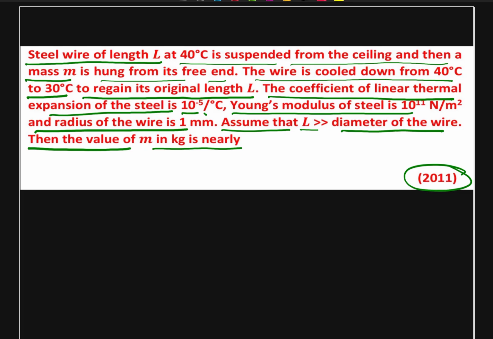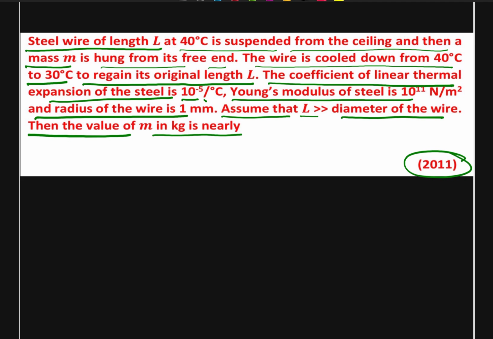For this question we can just draw an approximate diagram in two parts.